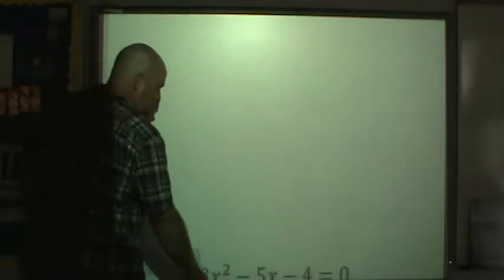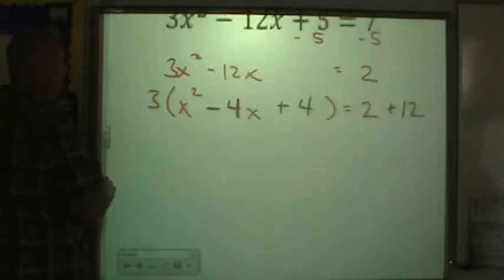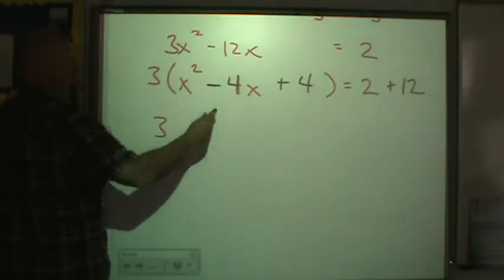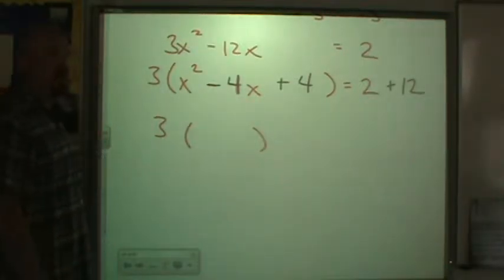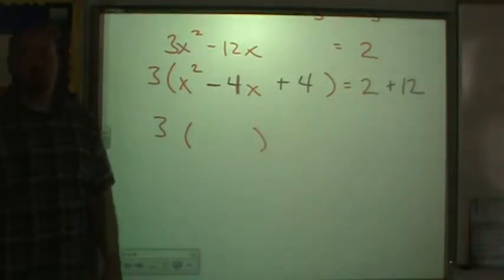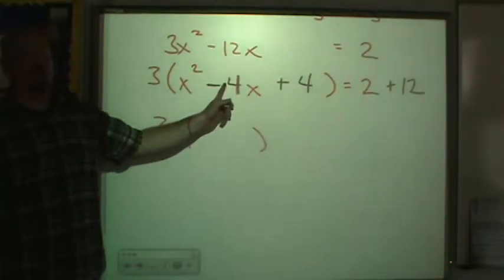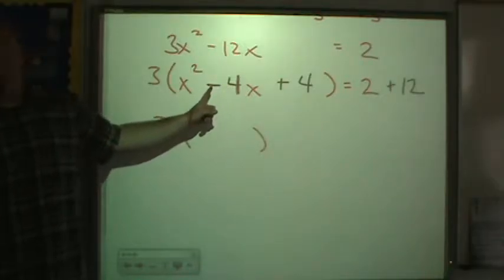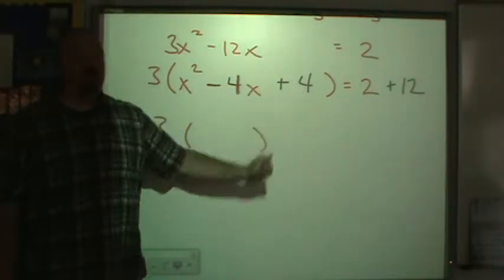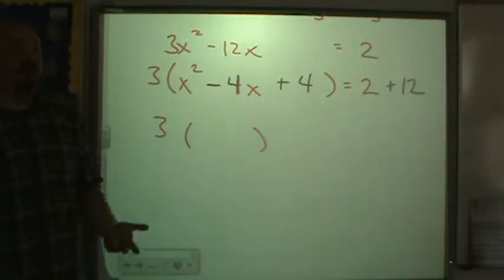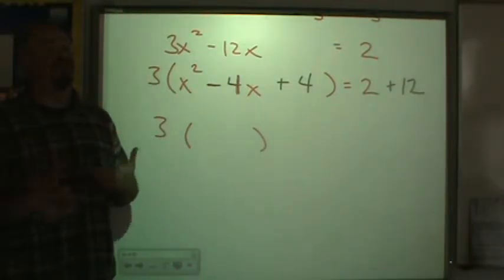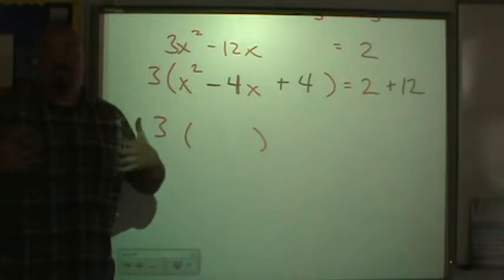Now when I go to write this, sorry, went too far there. Now when I go to write this, I'm going to write this in its factored form. What two numbers add to be negative 4, but multiply to be positive 4? Negative 2 and negative 2. And when you get to this point, if you're in the process of completing the square, it's the same number.